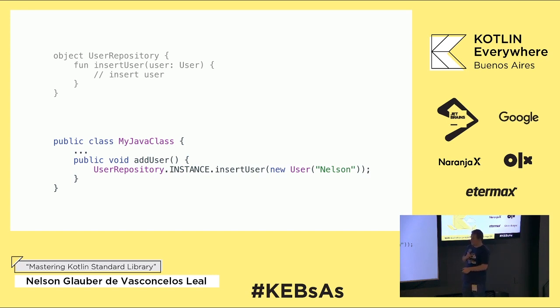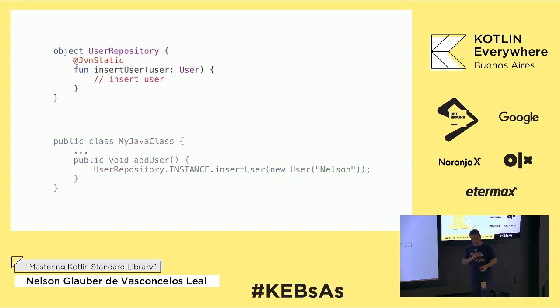You can avoid that by declaring your function as JVM static. And in your Java code, you can just remove the instance. I watched the presentation regarding the Kotlin bytecode in the morning, and this will avoid you creating more functions because you don't need that instance object here. So using this JVM static, you avoid creating that instance object, okay?